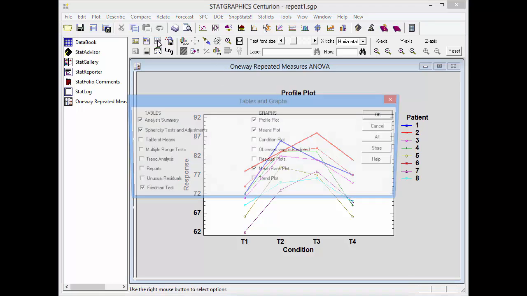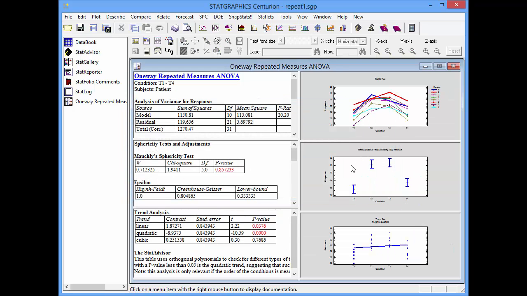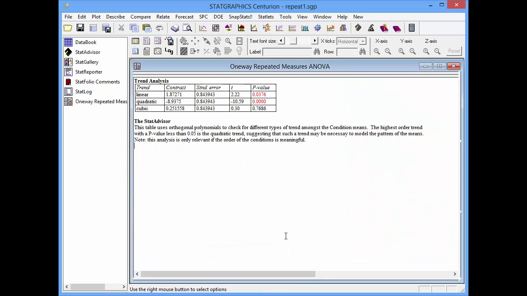To do that, I can go to the list of tables and graphs and ask for a trend analysis and a trend plot. The trend analysis will fit different order polynomials. In this case, since there are 4 different time periods, it fit a linear trend, a quadratic trend, and a cubic trend.